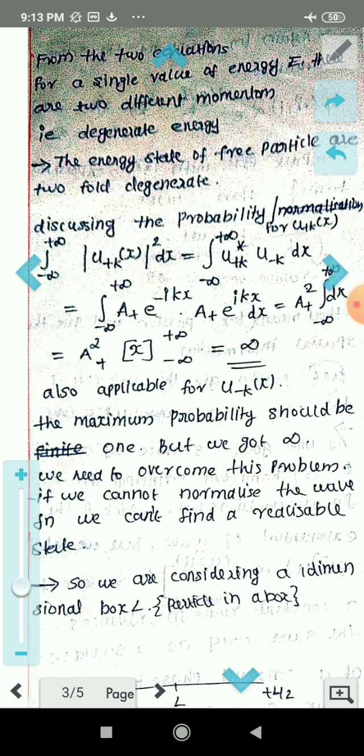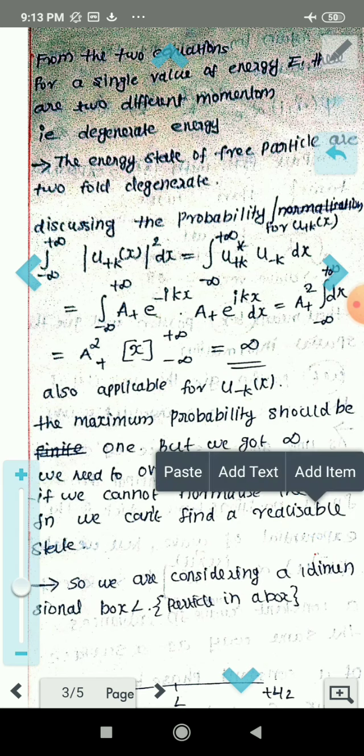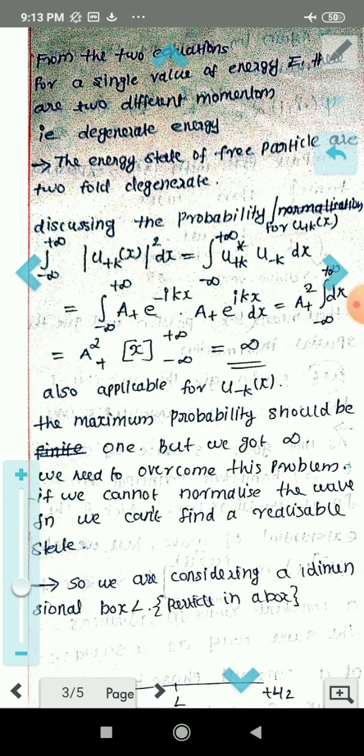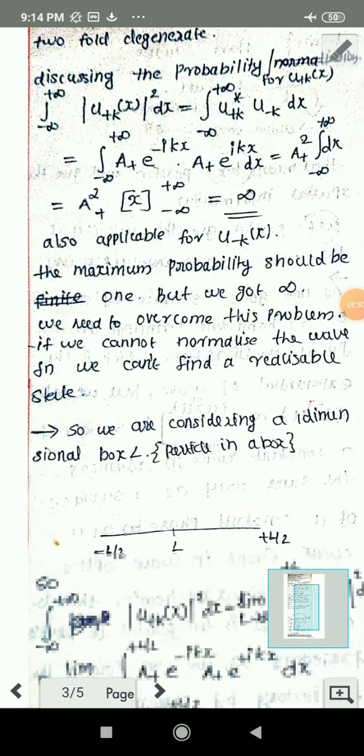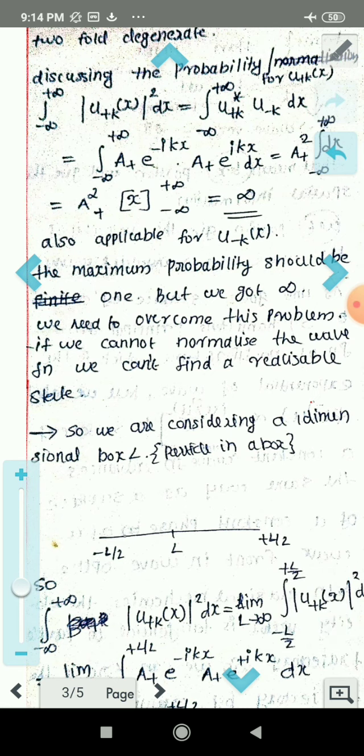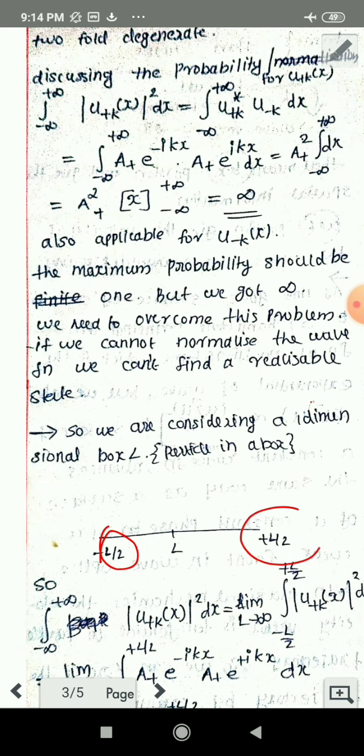So we are trying to find a normalization constant for our wave function. For that, consider a one dimensional box here with the length L. The boundaries will be minus L by 2 and plus L by 2.